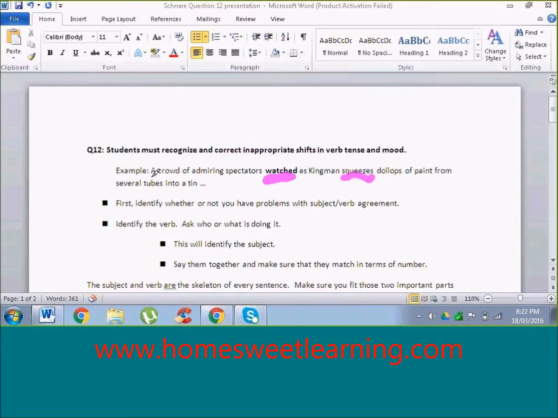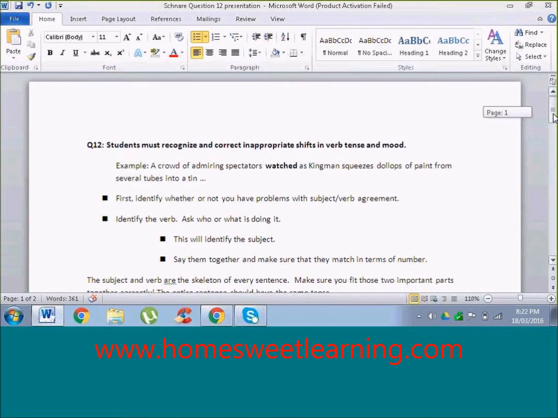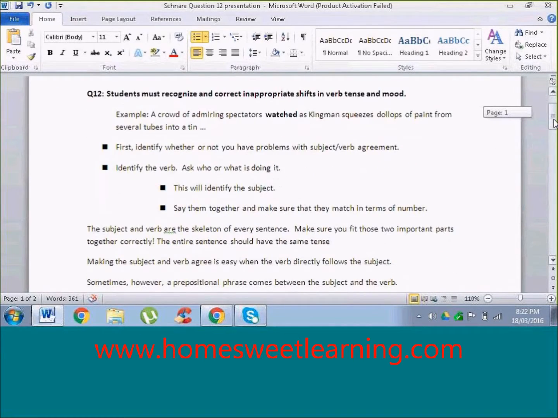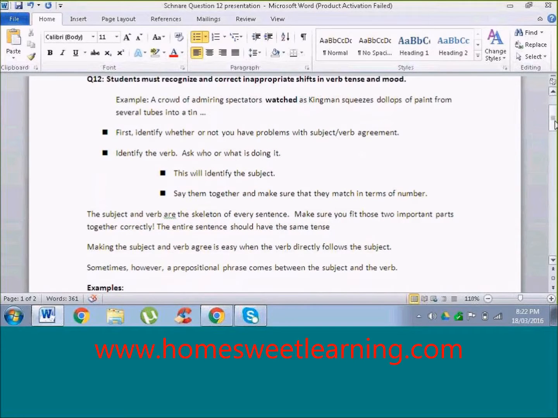We've identified the subject, a crowd, and we can understand by making sure that the entire sentence's verbs agree, that the answer is kind of clear. Third person, a crowd, can agree. Kingman is also third person, he.